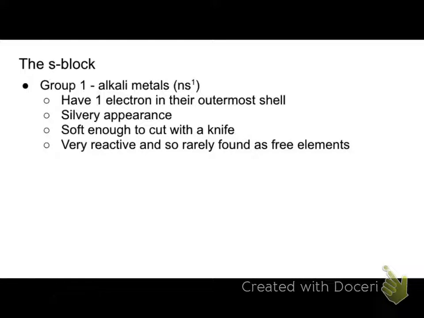So having that one electron in their outermost shell is what makes them reactive. They would rather have 8, and it's easier for them to lose one electron and go back down to a shell that's full than it is to gain 7 electrons to try and fill it up.